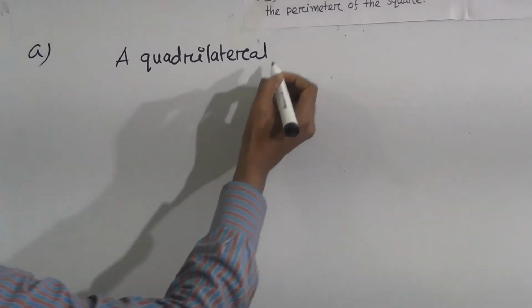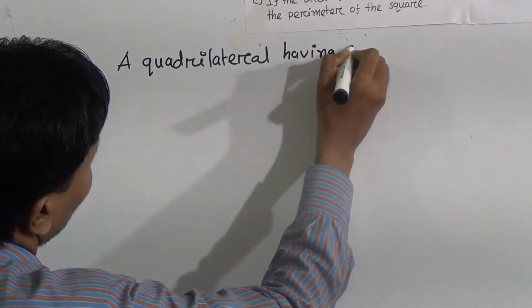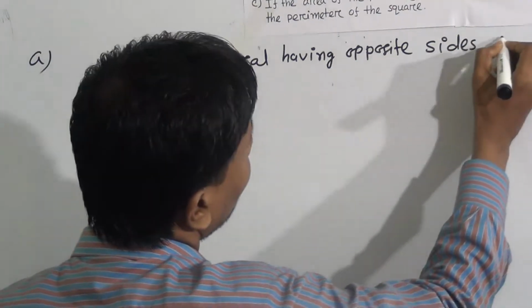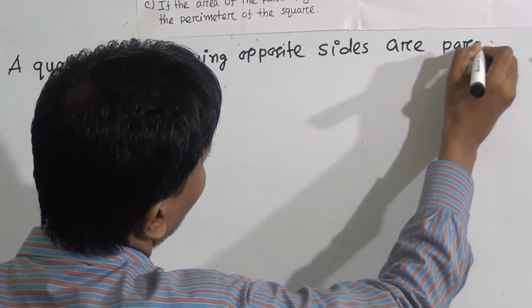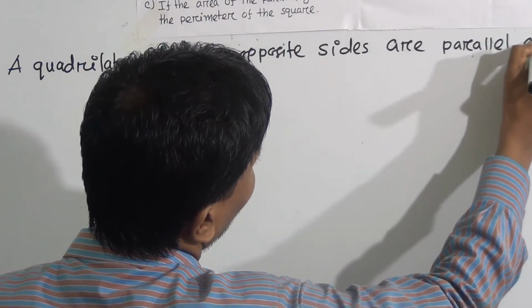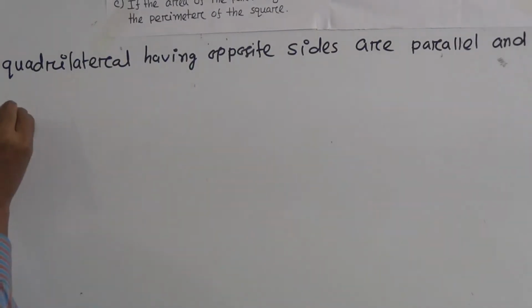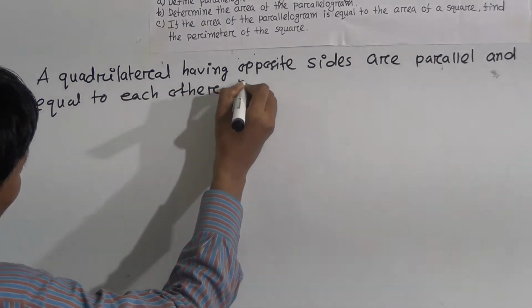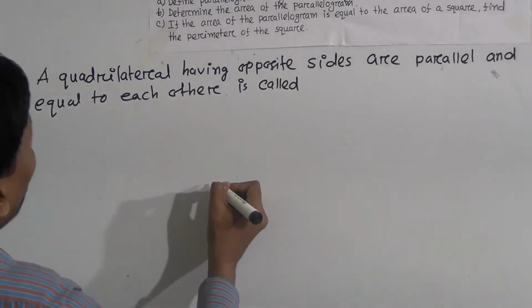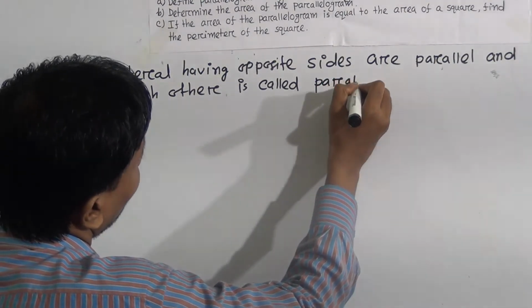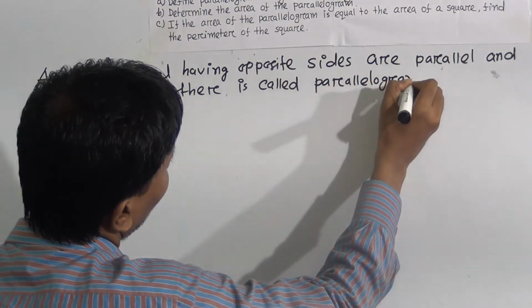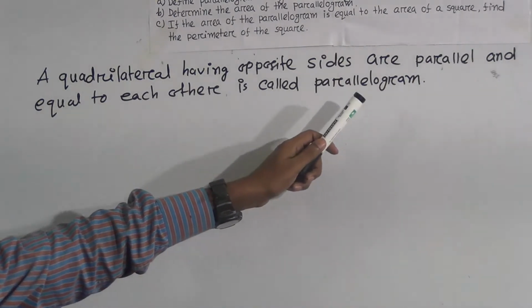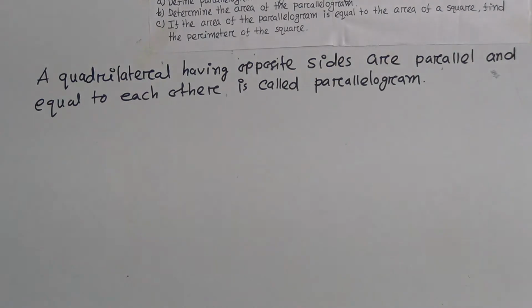A quadrilateral having opposite sides parallel and equal to each other is called a parallelogram.